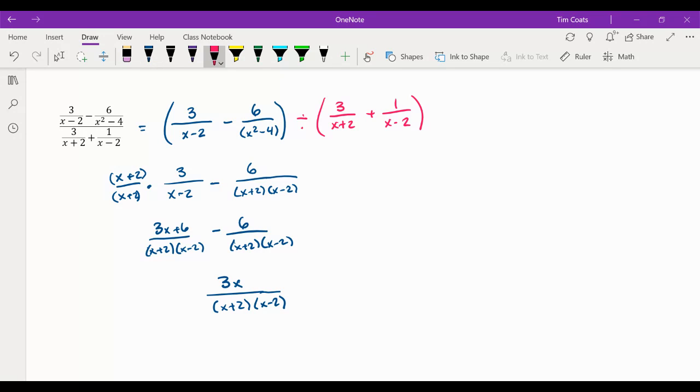Now let's look at the denominator, the part that's in red here. For the common denominator, we're going to have to multiply the first term by x minus 2, and the second term by x plus 2.